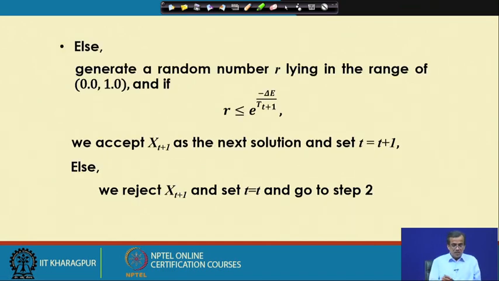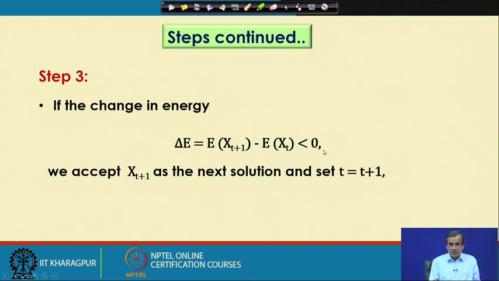Else, we generate a random number r lying in the range of 0 to 1, and we check this condition. Supposing that the previous condition is not fulfilled, then X(t+1) should not be selected as the next solution. So, you will have to go for the next check.